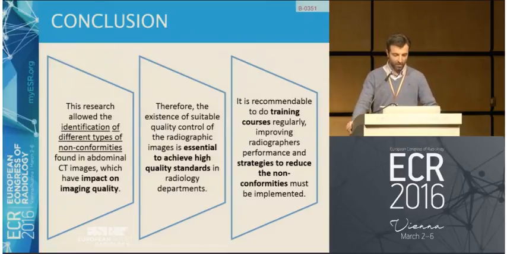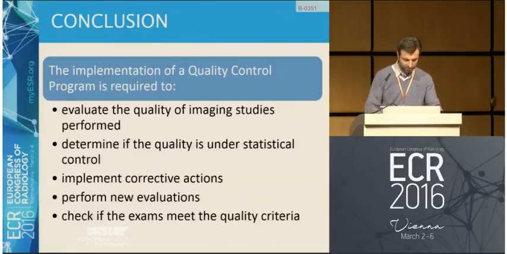Therefore, suitable quality control of the radiography image is essential to achieve high-quality standards in radiology departments. It is recommendable to hold training courses regularly, improving radiographers' performance, and strategies to reduce the non-conformities must be implemented.